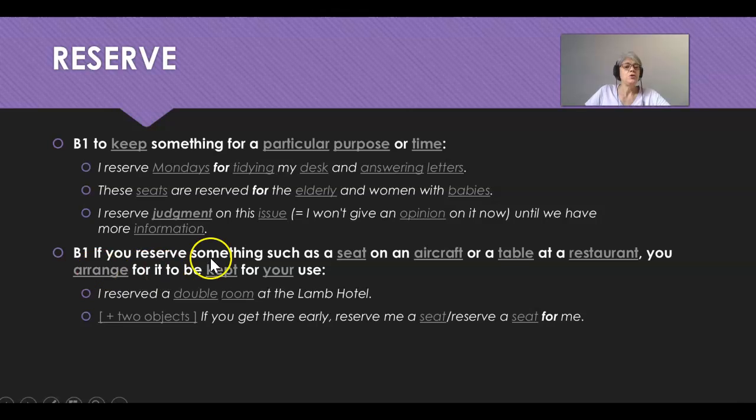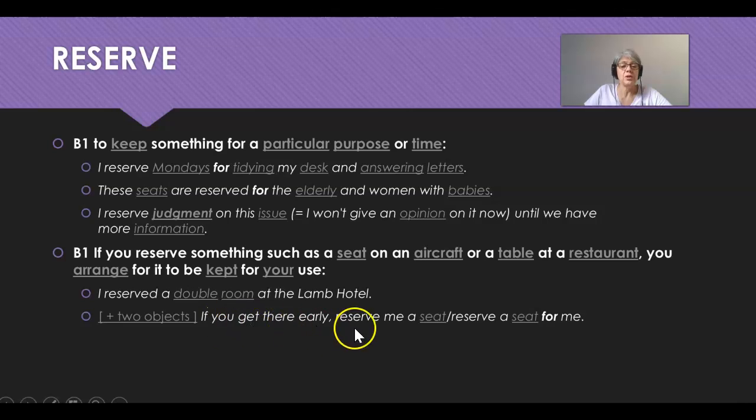Also, if you reserve something on an aircraft or at a table at a restaurant, you arrange for it to be kept for your own use. For example, I reserved a double room at the Lamb Hotel.